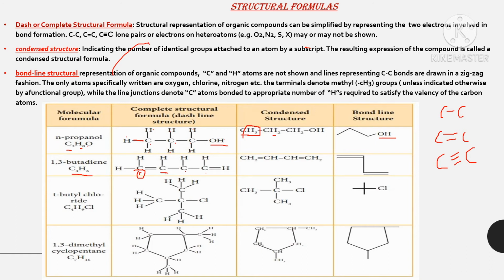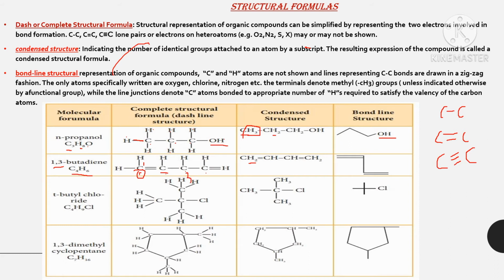And in the second one, here they wrote H2. H2 means 2 hydrogen atoms are attached to 1 carbon atom. So one more thing, it is 1,3-butadiene. Diene means double bond. At which places are they? The first carbon and the third carbon. 1,3-butadiene.